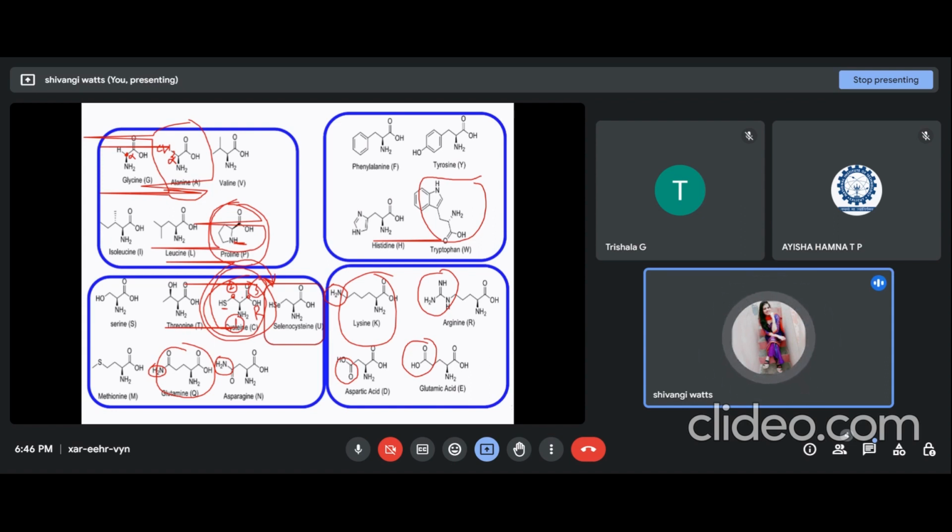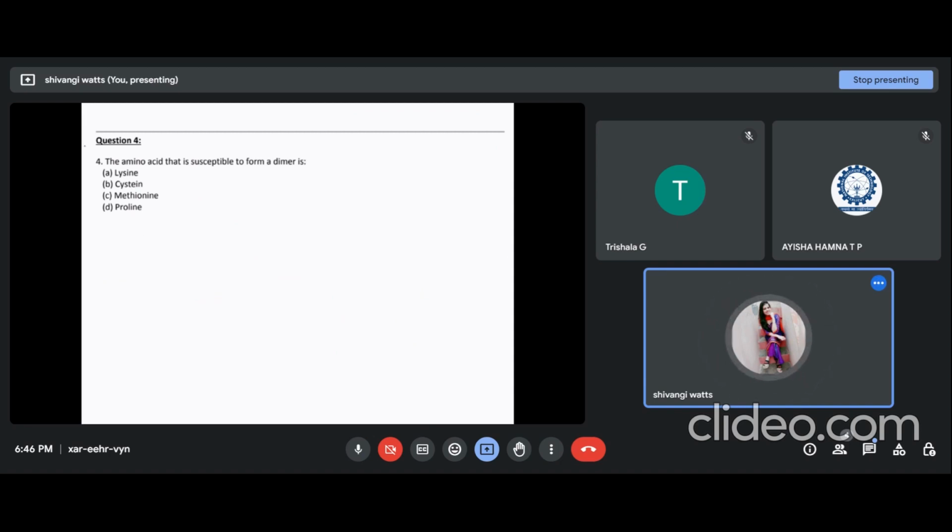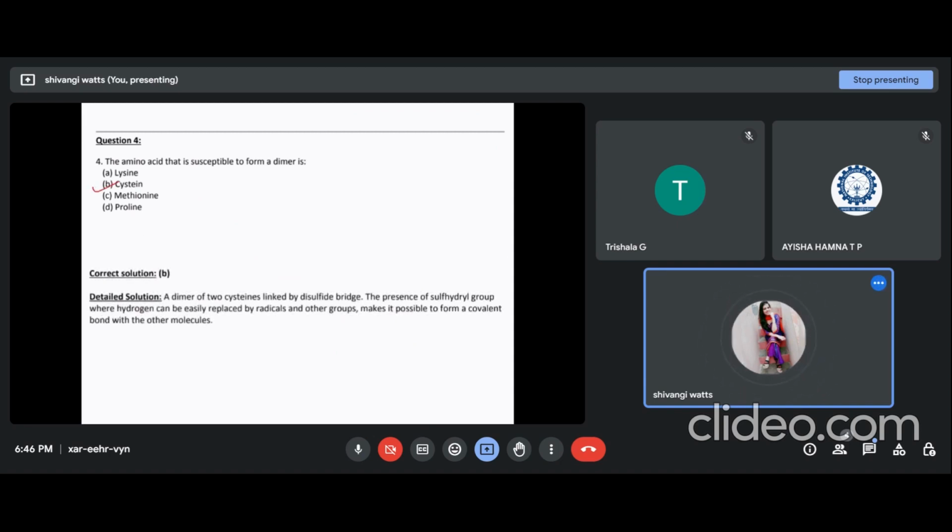Whereas in the case of cysteine, there is an SH group. If the SH group is deprotonated, there is formation of a sulfur-sulfur bond, a disulfide. If a disulfide forms, it leads to formation of a dimer. So option B is the right option. The answer is a dimer of two cysteines linked by a disulfide bridge.